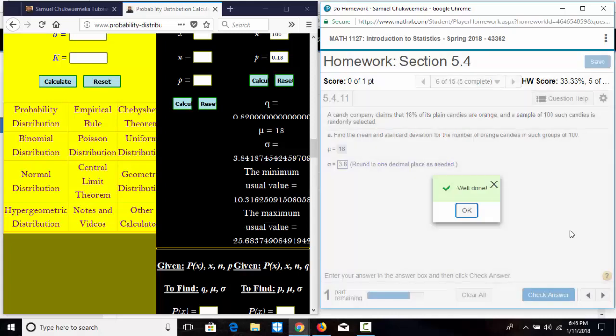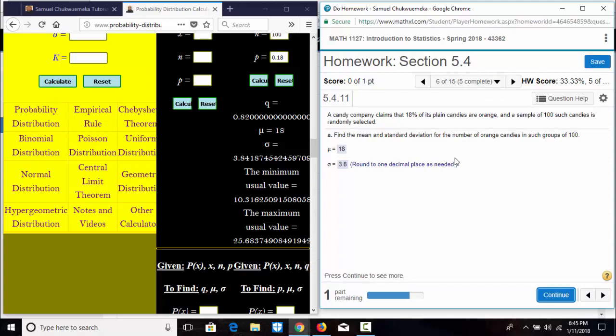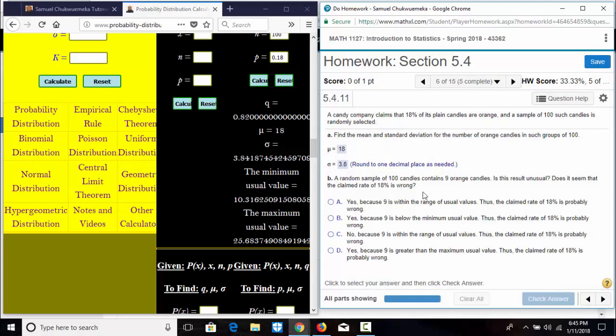A random sample of 100 candies contains 9 orange candies. Is this result unusual? Does it seem that the claimed rate of 18% is wrong?